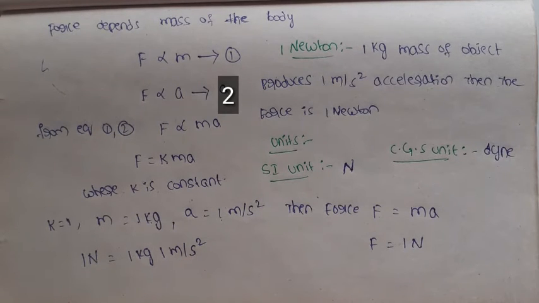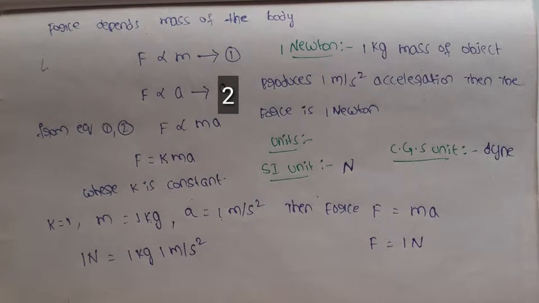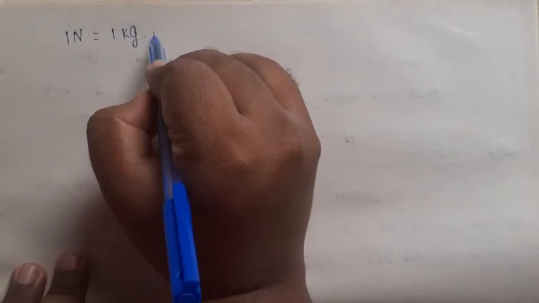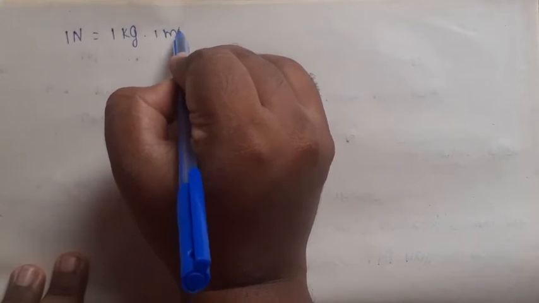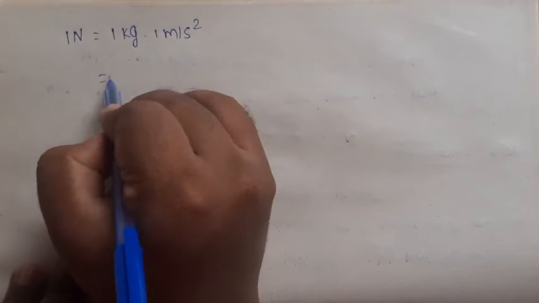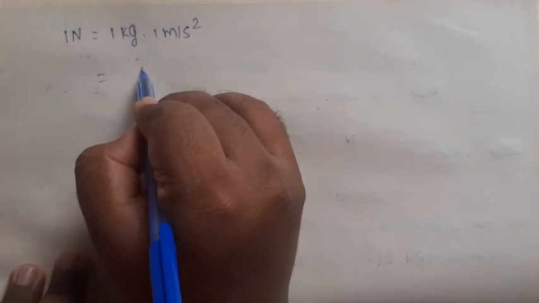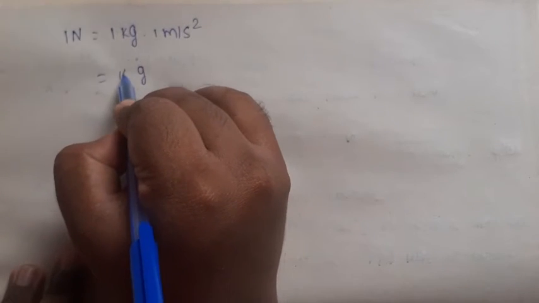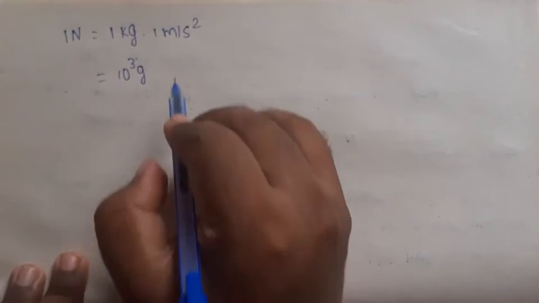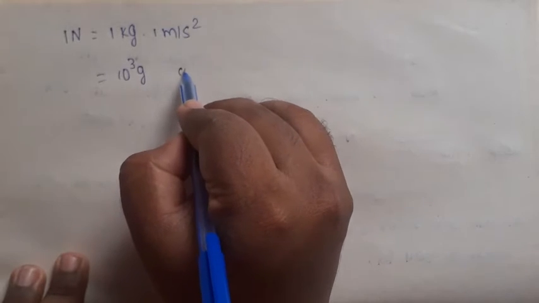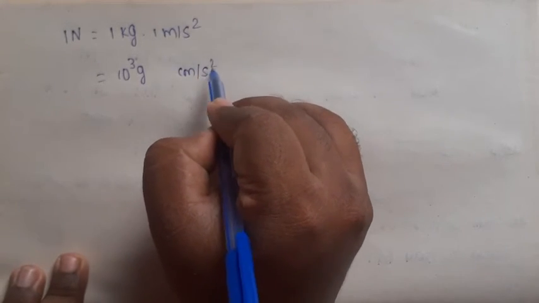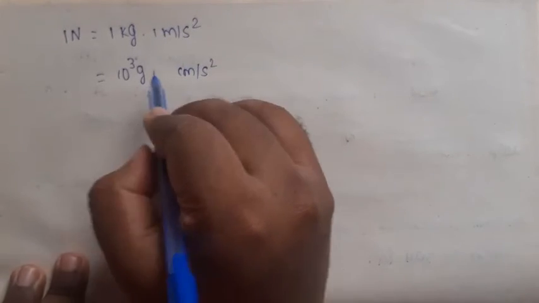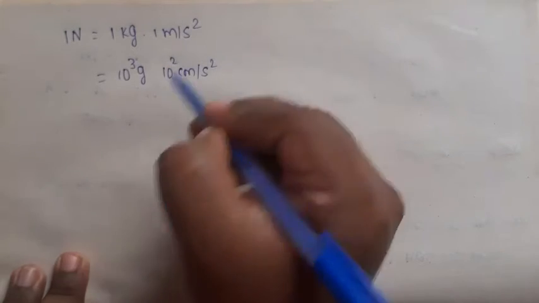How do you convert Newton to dyne? We know that already 1 Newton equal to 1 kg mass of the object into 1 meter per second square acceleration. So kg converted into grams, 10 to the power of 3. Meter can be converted into centimeter per second square. 1 meter equal to how many centimeters? 100 centimeters.